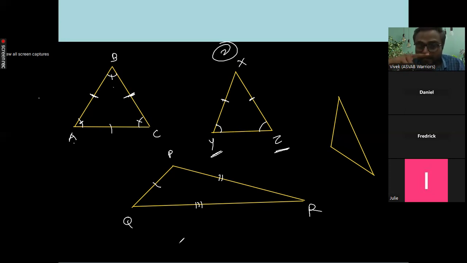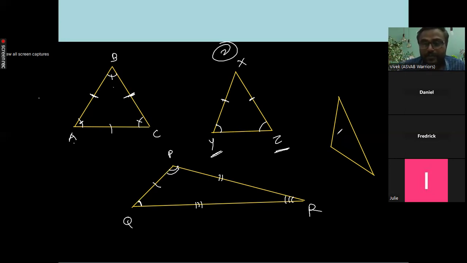These sides are of different lengths. The same goes for angles: this has one arc, this has two arcs, and this has three arcs. So if you see a triangle with one, two, or three arcs, it is simply simplifying what is equal to what in symbolic form.